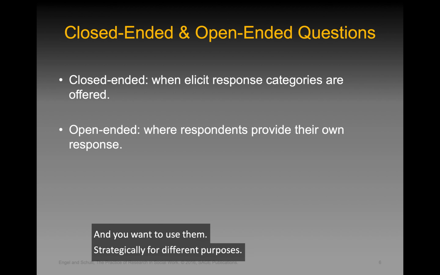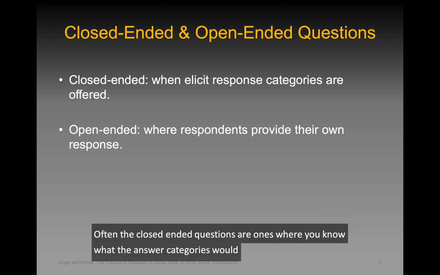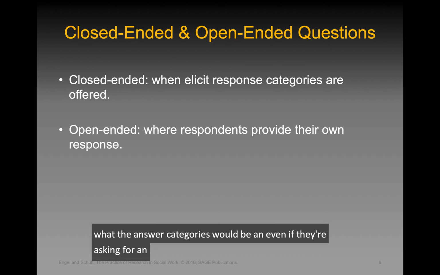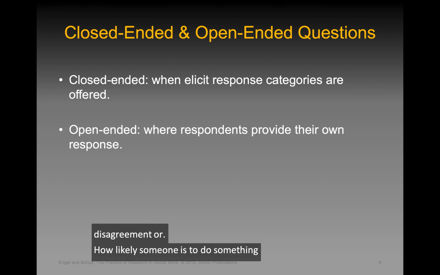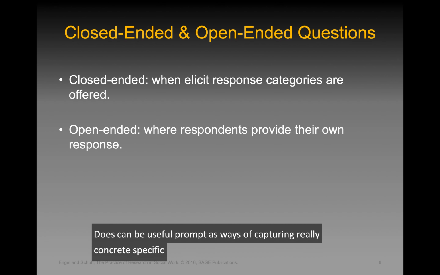Often the closed-ended questions are ones where you know what the answer categories would be, and even if they're asking for an attitude in relation to agreement or disagreement, or how likely someone is to do something or isn't to do something, those can be useful prompts as ways of capturing really concrete, specific evidence and data that is comparable between individuals.